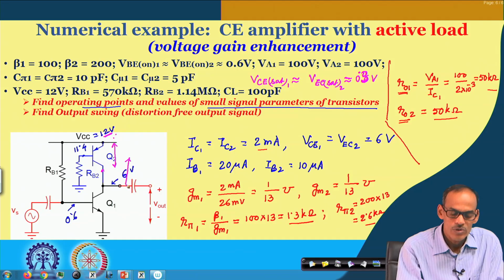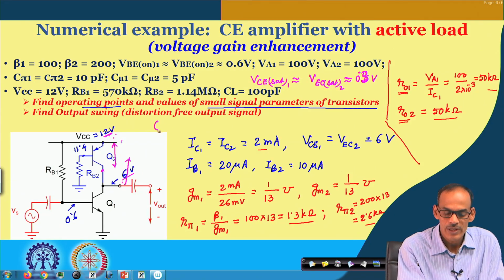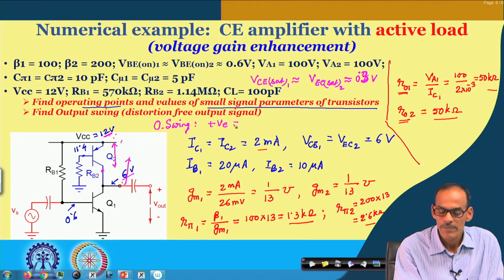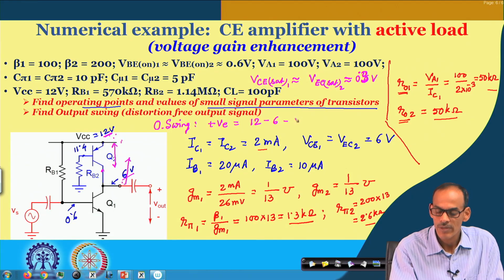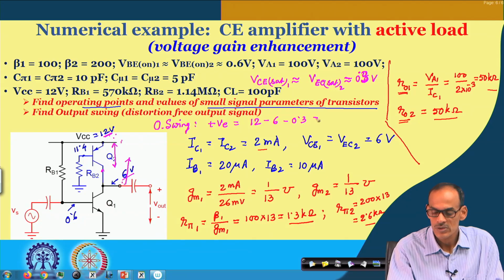So, we have a 6 volt DC here, and the supply is 12 volt. On the positive side, the output swing is 12 volt minus 6 volt DC minus 0.3, so that is equal to 5.7 volt.